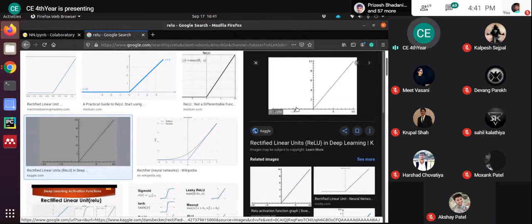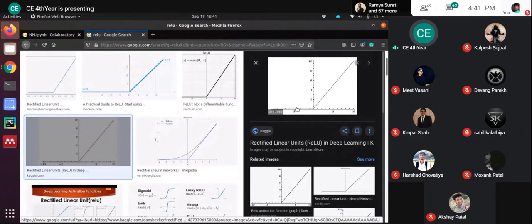And remember that this computation is repeated for all the neurons of a particular layer. So if you use ReLU as an activation, the computation is very, very fast compared to other functions like sigmoid or tanh and so on. And there are many variants of this ReLU.